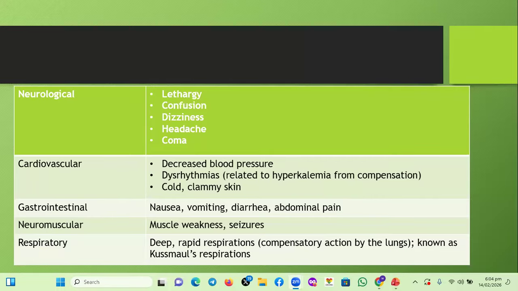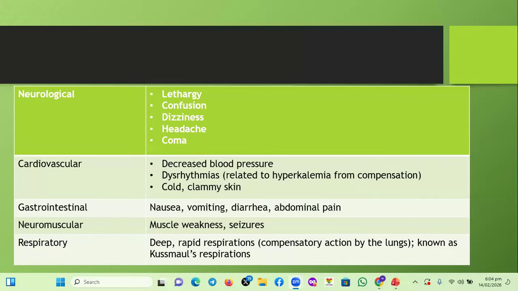Then respiratory rate. Now, when you do metabolic acidosis and DKA, we make mention of what? Kussmaul respiration. How do we describe Kussmaul respiration? We say it is deep, rapid respiration, right? And so that is a compensatory mechanism by the lungs in order to bring out carbon dioxide, which is also acidic.